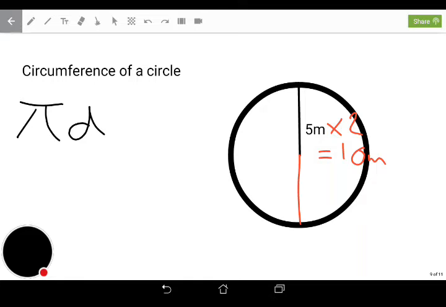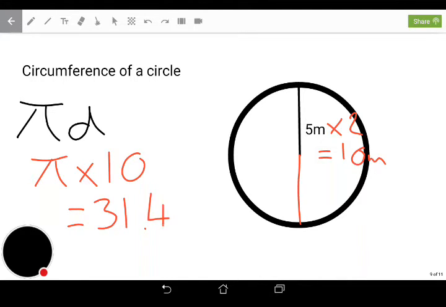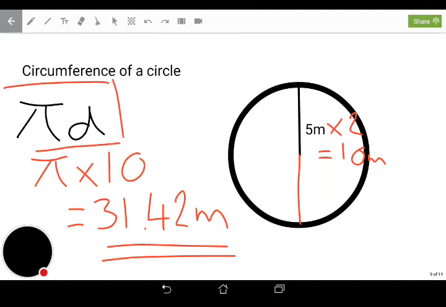So the diameter for this is 10 meters. So I get pi times it by 10, and I will get 31.42 meters. And that is the circumference of the circle. So pi times by diameter is the circumference.